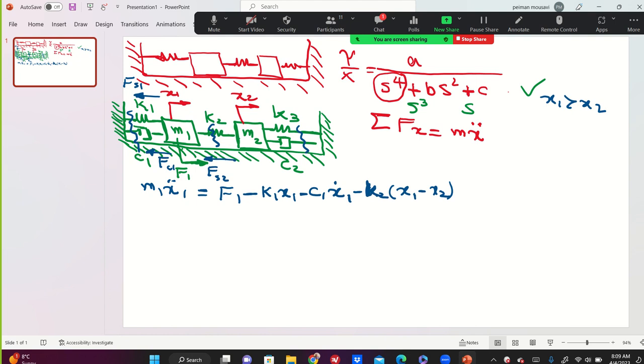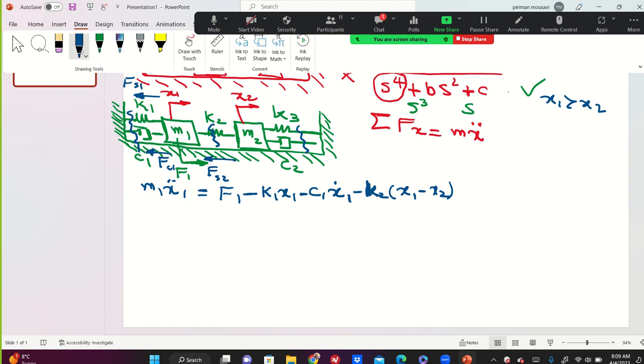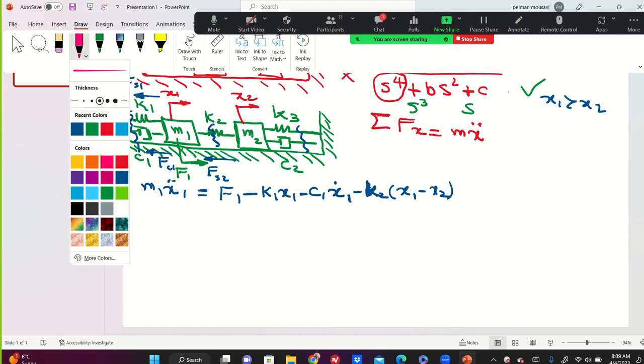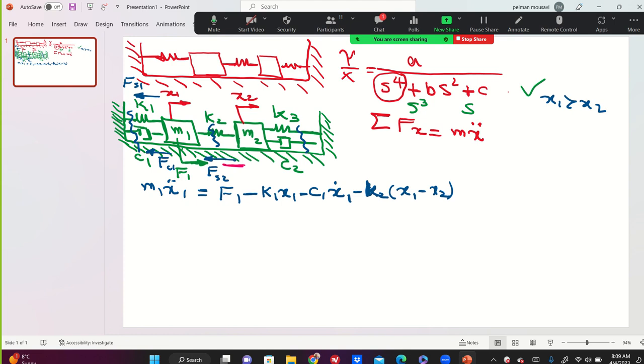For the other mass, changing the color, we have exactly like the previous class, the same force in the opposite direction, Fs2, and it is being stretched. You have Fs3 spring and Fc2 damper forces.